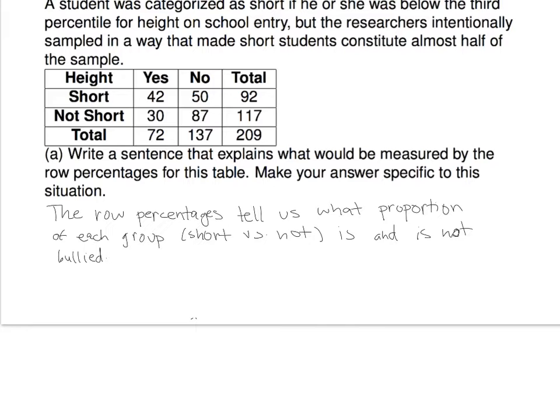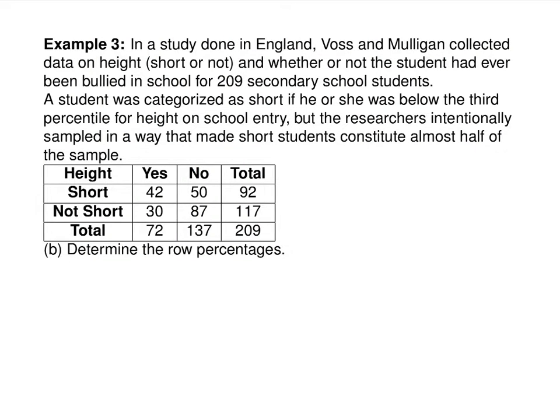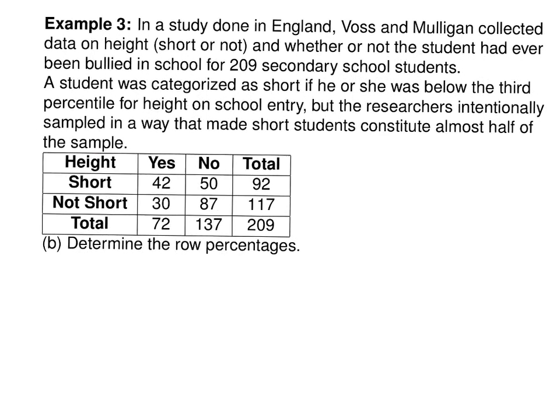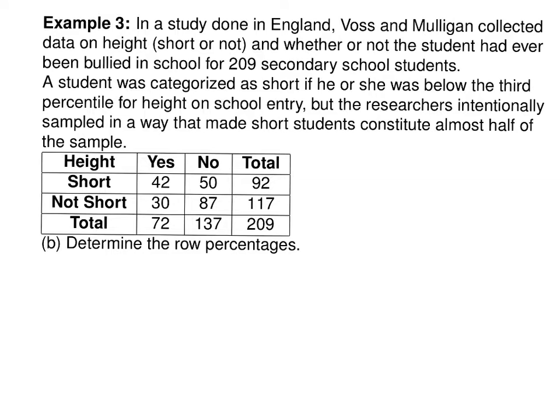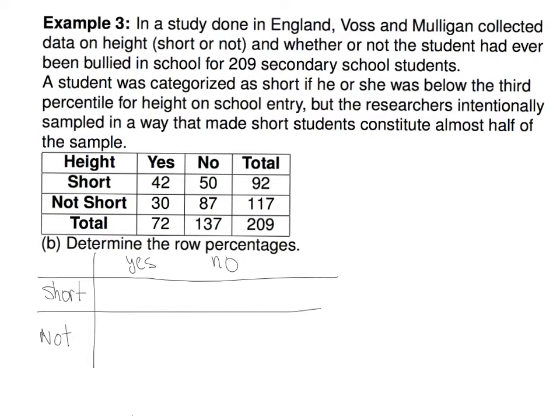Okay, so the next one says to actually find those row percentages. So we'll say short, and then not, and yes and no. So what out of what would you do to figure out the proportion of short people who say yes, they're bullied? 42 out of 92, which I got was about 45.7%.